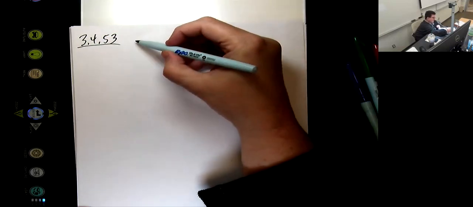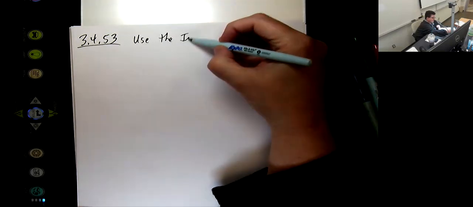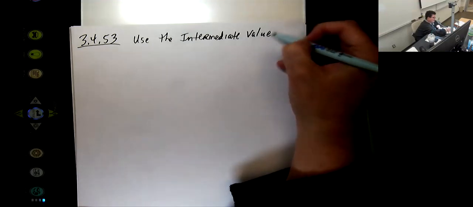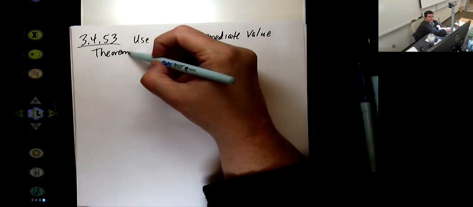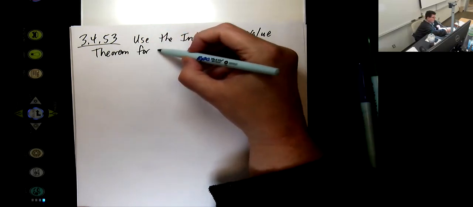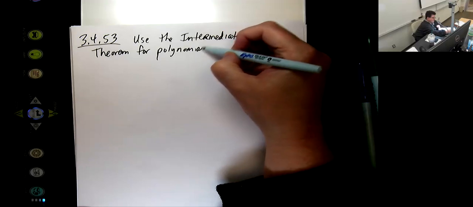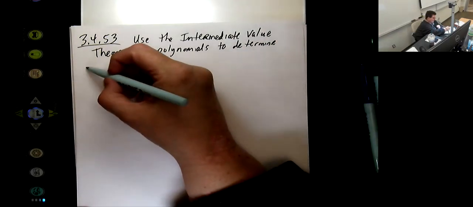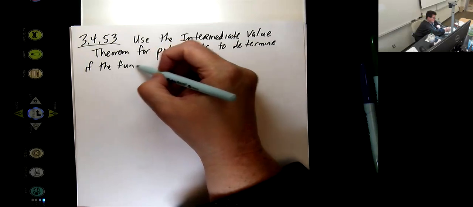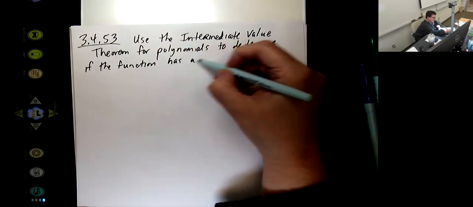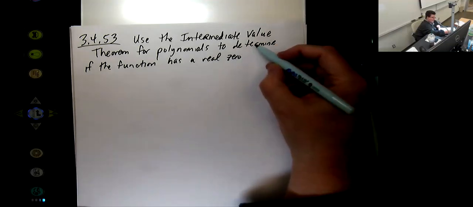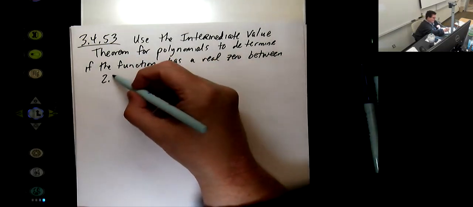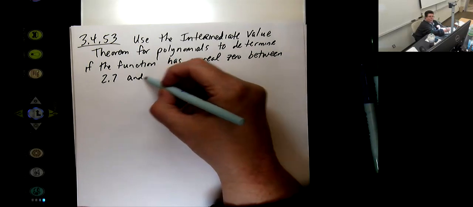It says use the intermediate value theorem for polynomials to determine if the polynomial function has a real zero between the given numbers, between 2.7 and 4.3.